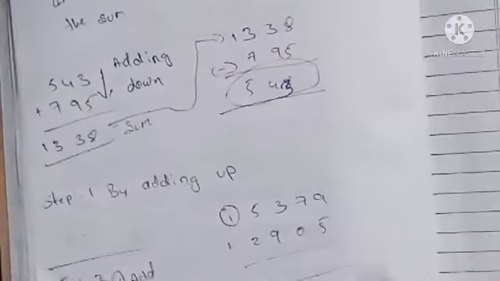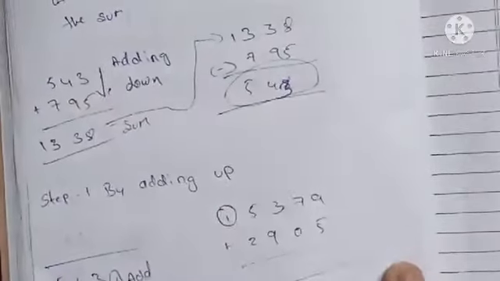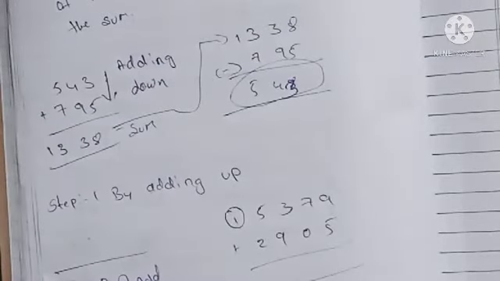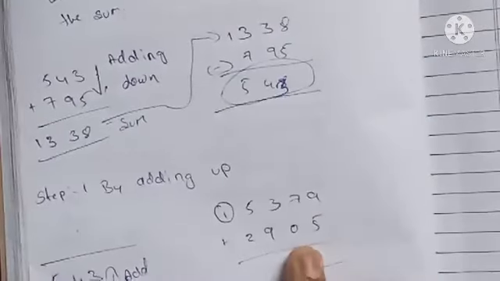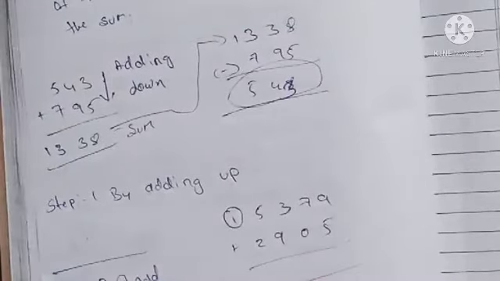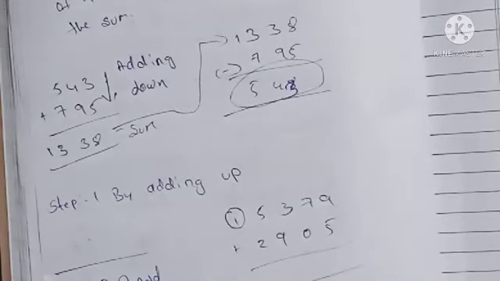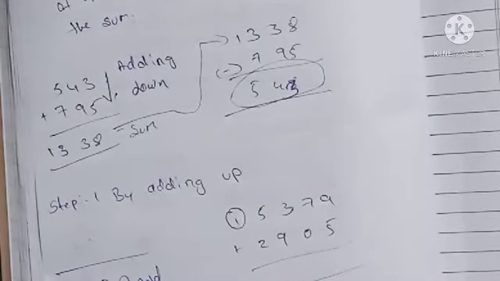Now here the question is there, no? You have to post the correct answer. You have to add this. You have to post the correct answer, and you have to post the adding up and subtracting, do both methods also. Okay, you have to post in full, by writing this.